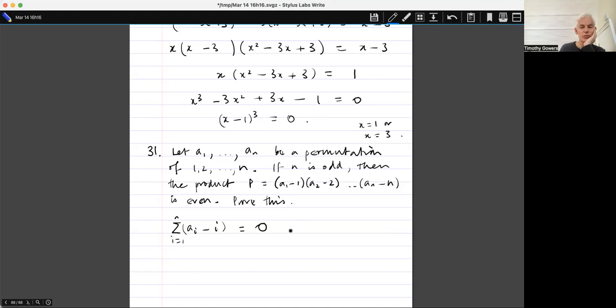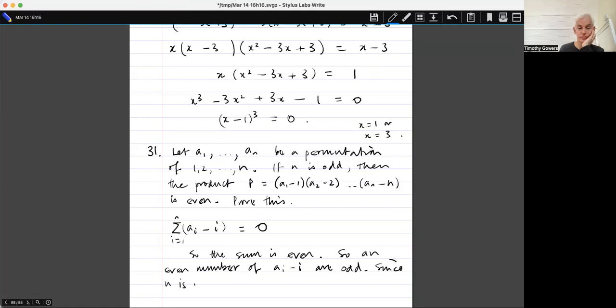Oh yes, so in particular, the sum is even. So an even number of the ai minus i are odd. But since n is odd, at least one is even, which is what we had to prove, because the product is even if and only if at least one bracket is even.